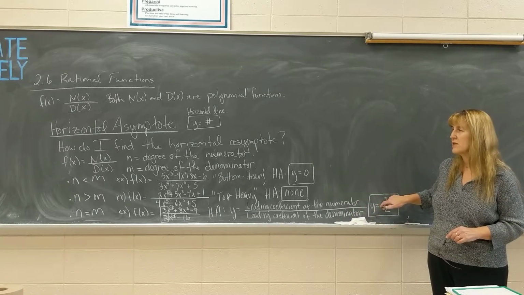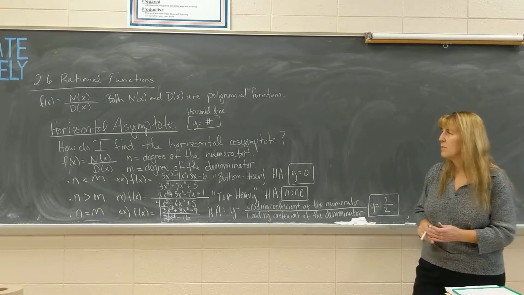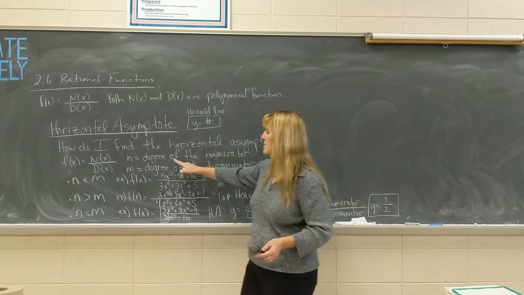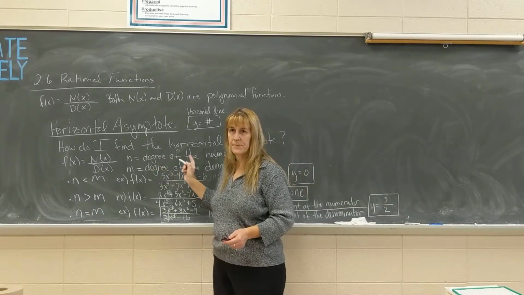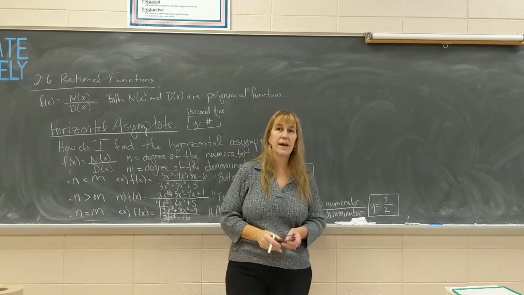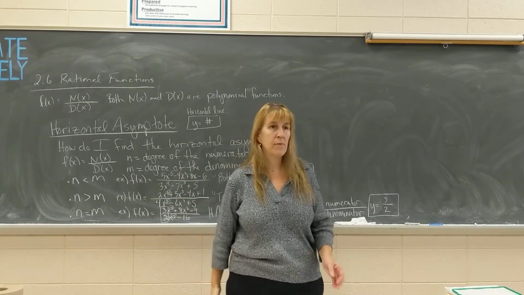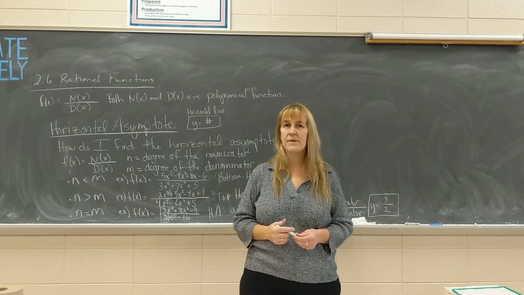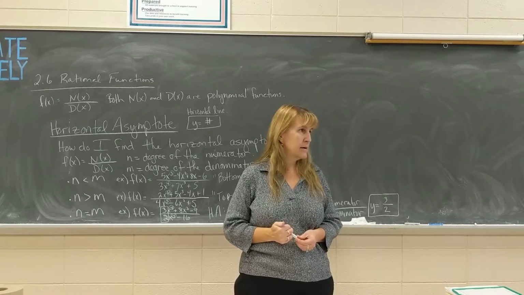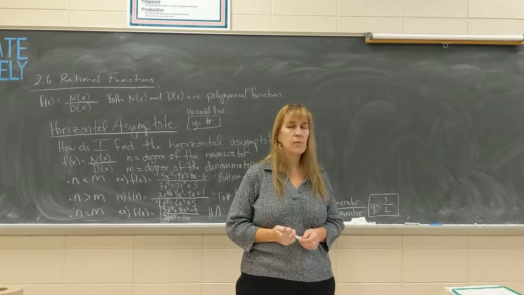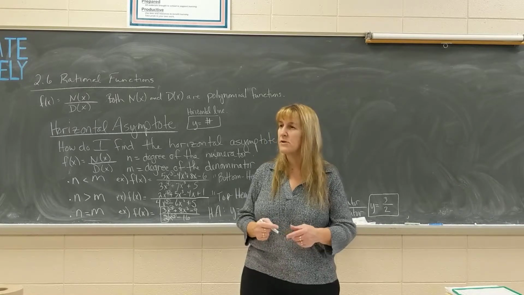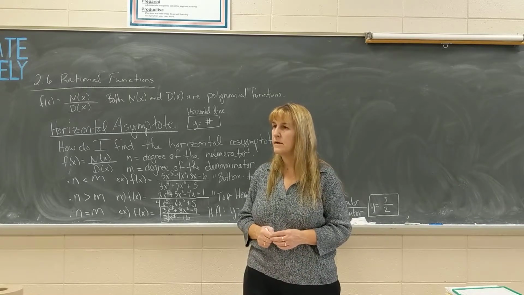But it's only in this case. I do want you to compare the degrees of both the numerator and denominator. What happens if a function is bottom heavy? Y equals 0. What happens if a function is top heavy? No horizontal asymptotes. And what happens if the degree of the numerator is equal to the degree of the denominator? Leading coefficient over leading coefficient.